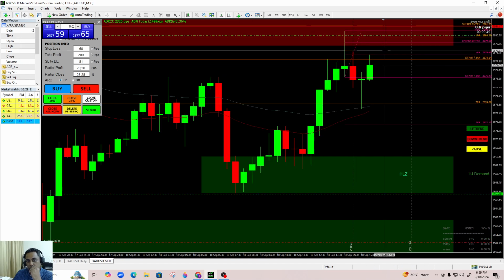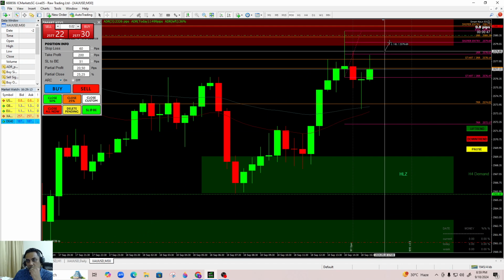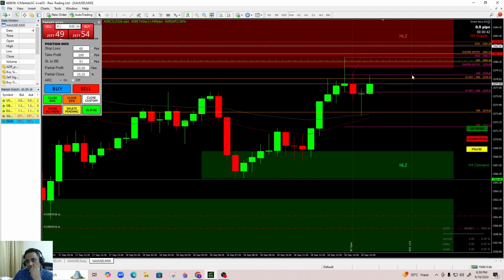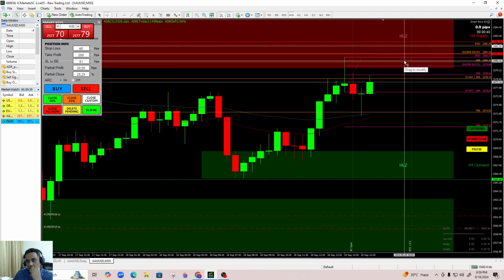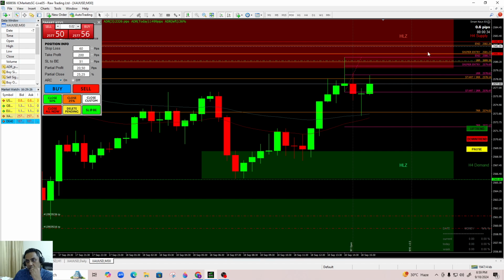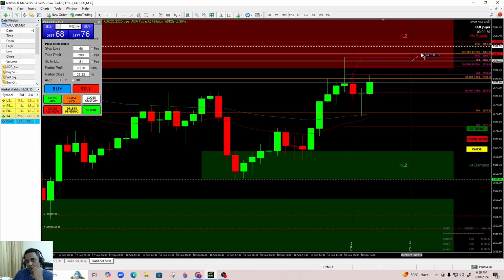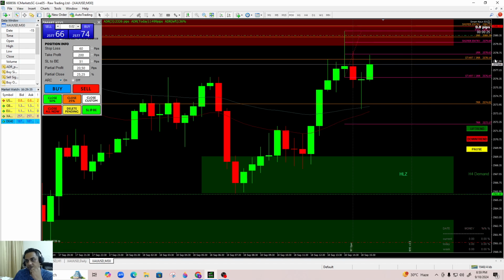Once this high gets taken out, 8 pips, 14 pips. So 14, 22 pips, and then we got another entry up there, which is about 8, 9 pips away from the first entry.